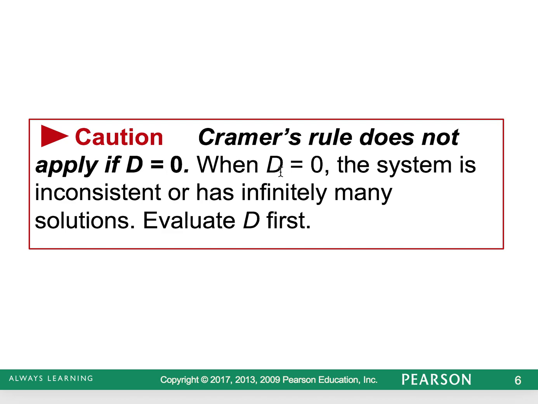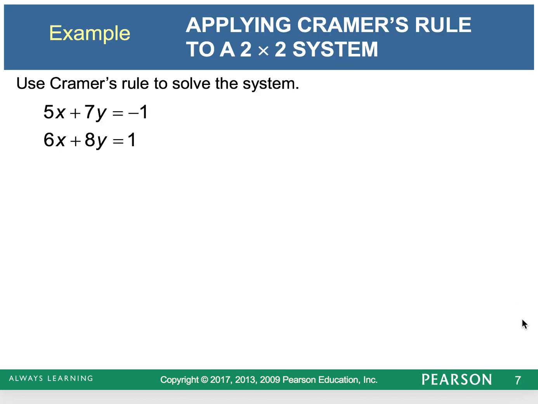When D is 0, it means either there's an infinite number of solutions or no solutions. So always do plain determinant D first, because if you get a 0, then there's no reason to keep doing determinants. You're done with Cramer's rule. When it says use Cramer's rule, we have to use Cramer's rule. So use Cramer's rule to solve the system.